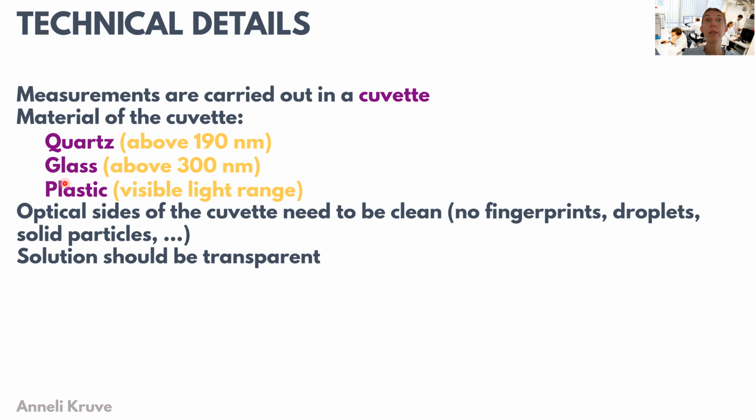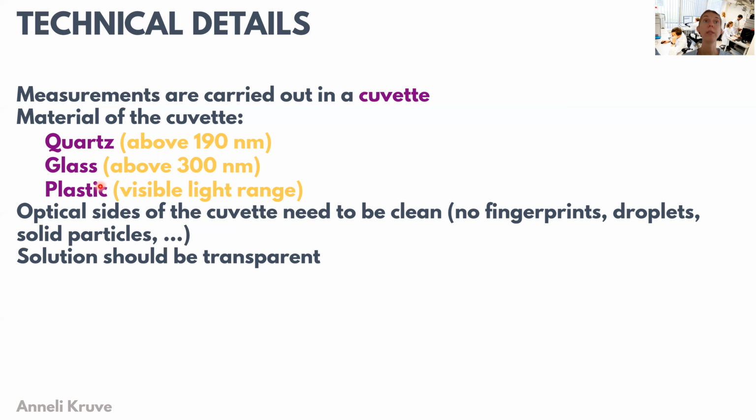Most convenient is if our compounds are absorbing in the visible light range, then we can use plastic cuvettes, because ultraviolet spectroscopy is not possible with plastic, as most plastics that we can use here absorb ultraviolet light, but the visible light can come through our plastic cuvettes as well.